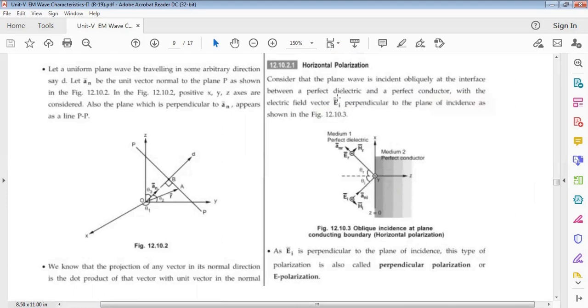It is called horizontal polarization when the electric field vector E bar is perpendicular to the plane of incidence.